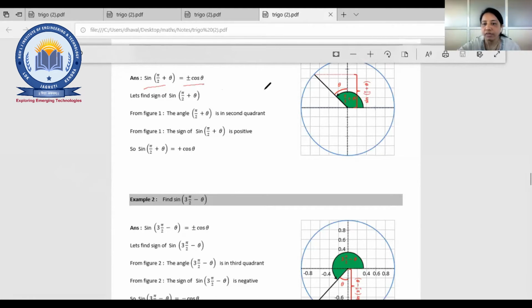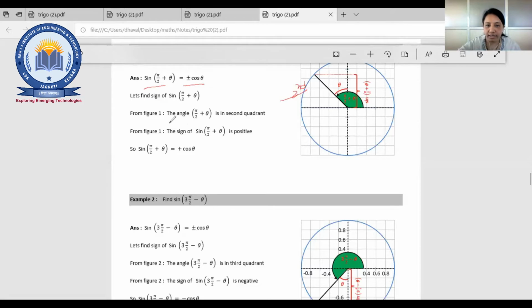So here in the figure it will be very clear, right? Pi by 2 plus theta, obviously it is going to be in which quadrant? Second quadrant, right? So what should be the sign of sine and cos in the second quadrant? That we have just seen, right?